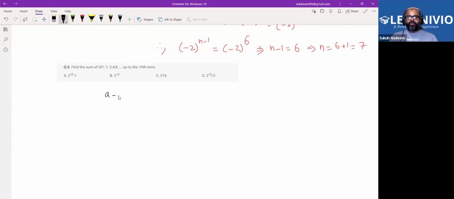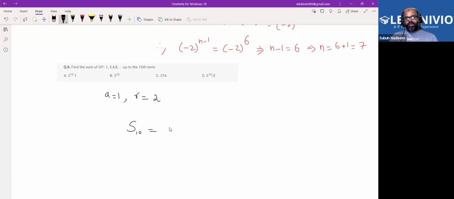The first term is 1. And what is the common ratio? 2, correct? So you have to find the sum till the 10th term. When you put it in the formula, what will you get? Sir, it is A, so 1. Yeah, correct.